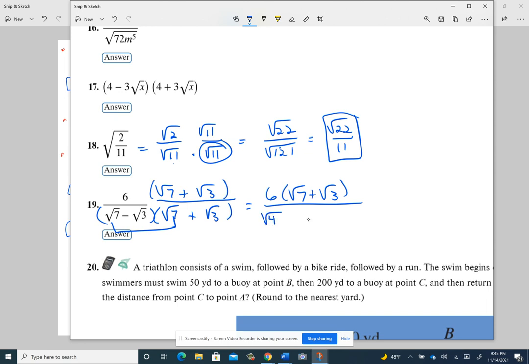So you'll have square root of 49 plus the square root of 21 minus square root of 21 minus the square root of 9. And so see how, because they were conjugates, the middle term cancels out and you have just 7 minus 3 really in the denominator, which is 4.